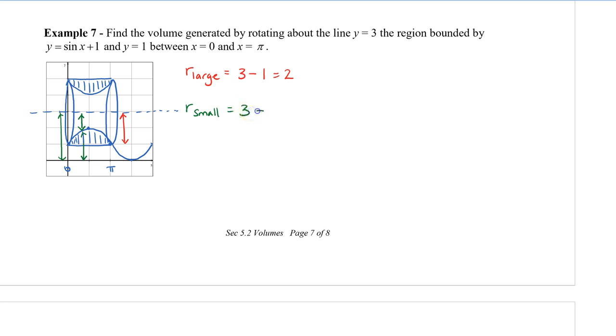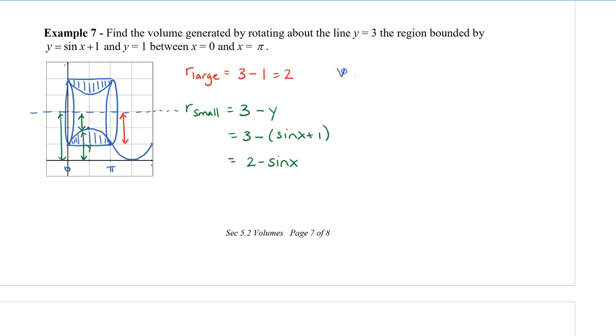So that's going to be 3 minus, so 3 would be the total distance, taking away this y value here, this sine expression. We're going to have 3 minus sine x plus 1, which then gives me 3 minus 1, that'll be 2 minus sine x. So the radius of the smaller circle here is going to be 2 minus sine x.